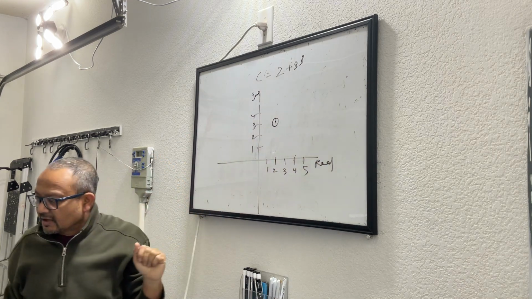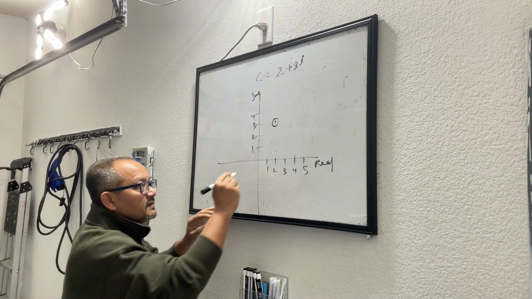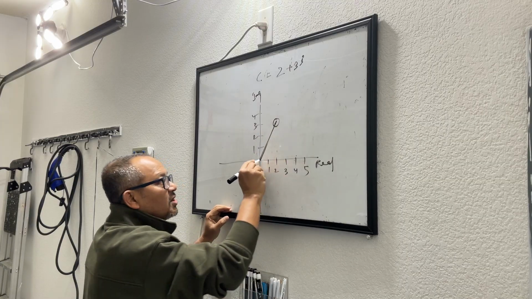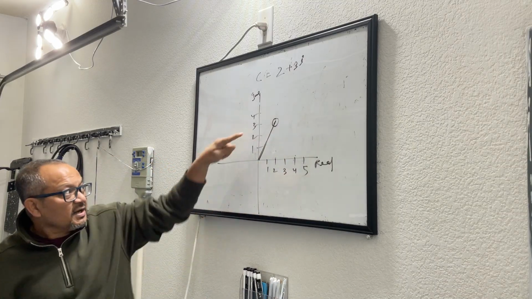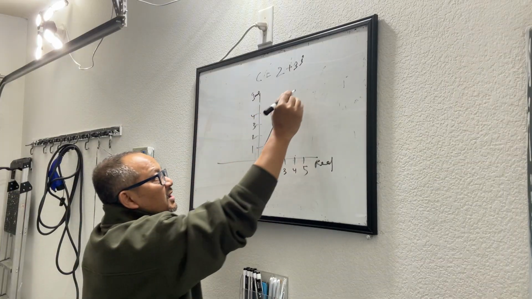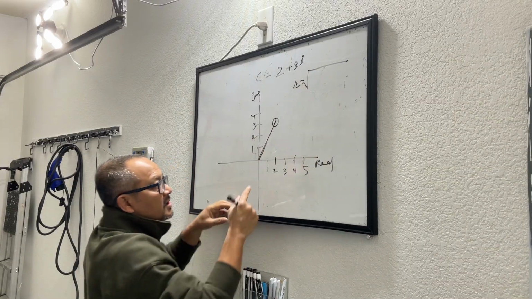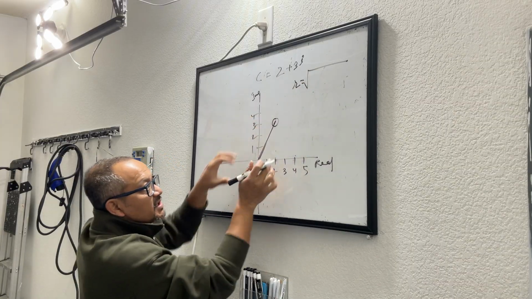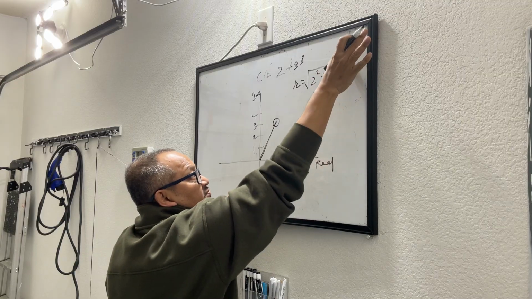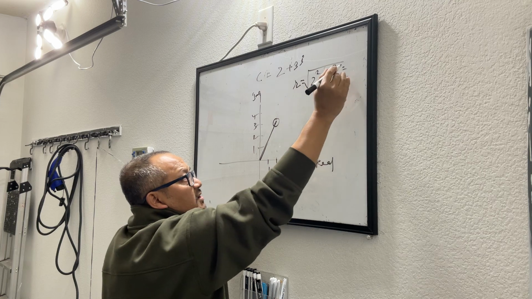And if somebody says find the magnitude of this, you will say this length from the origin of the complex plane to this point is the magnitude, which will be nothing but the square root of 2 squared plus 3 squared, which is the square root of 4 plus 9, square root of 13.